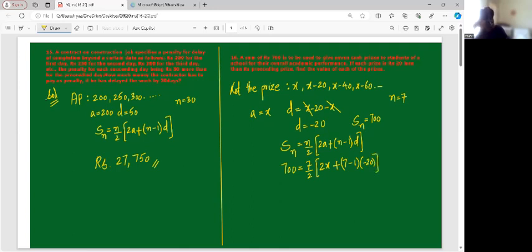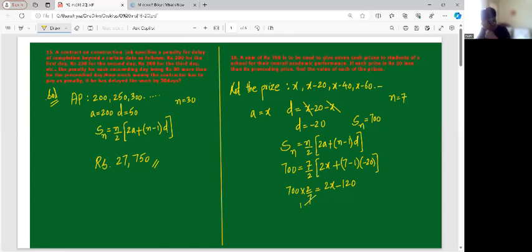So 700 as it is. This 7 by 2, if you take it to this side, becomes the reciprocal, 2 by 7. That gives 700 times 2 by 7, which is 200, equal to 2x plus 6 into minus 20, which is minus 120.